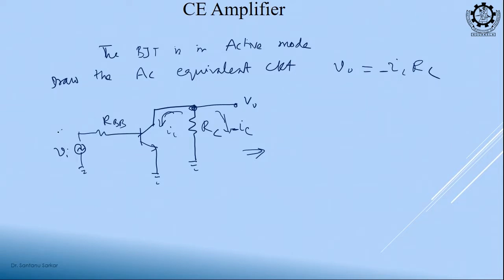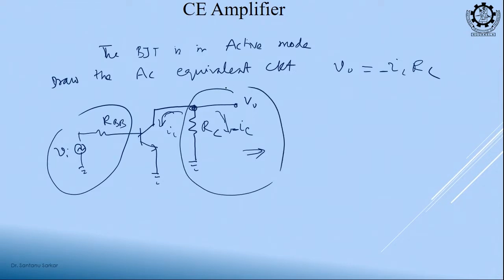Next step is we will replace this BJT with its small signal model. This circuit remains the same, only we will replace the BJT with its two-port network. Input side, how will we model it? Base emitter resistance, base to emitter R pi. This is my base terminal, this is my R pi, and this voltage, say, is V pi. Terminology you can use anything, small Vb or small V pi.